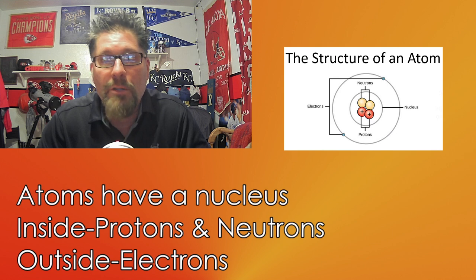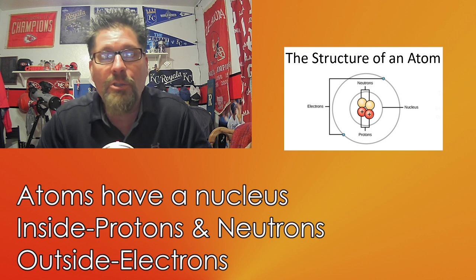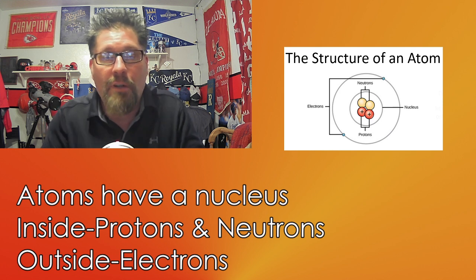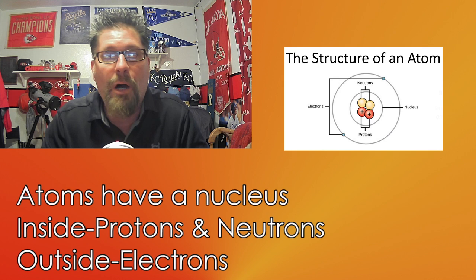But when we think about the structure of an atom, atoms have a nucleus, as you can see in the diagram. And it's that nucleus that holds the protons and neutrons. And that nucleus has some pretty large ramifications when it comes to science. I'm sure you've heard of the atomic bomb and how that ended World War II, or at least our aspect of World War II.